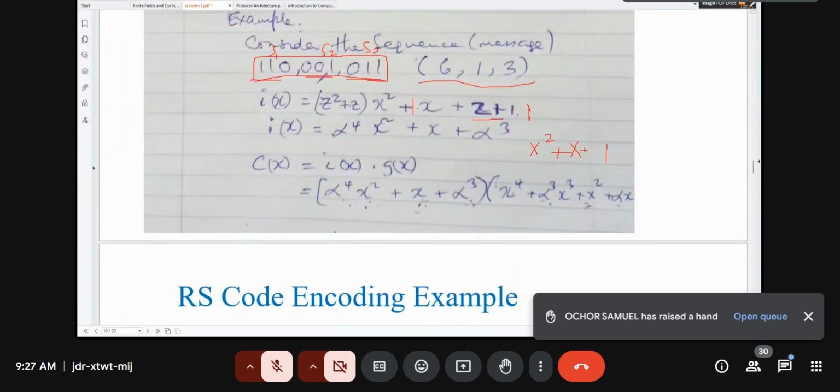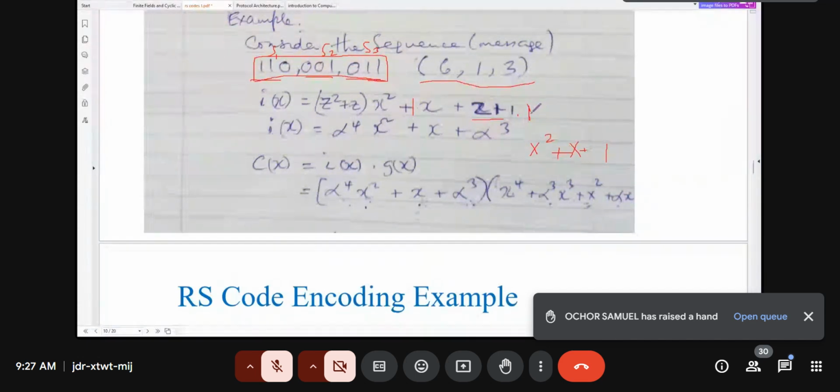In this case, you see, this is 001, so it's just 1 because it does not have the Z squared part and doesn't have the Z part. So that's the position of this symbol, and this is the position of this symbol, because these are the very positions.